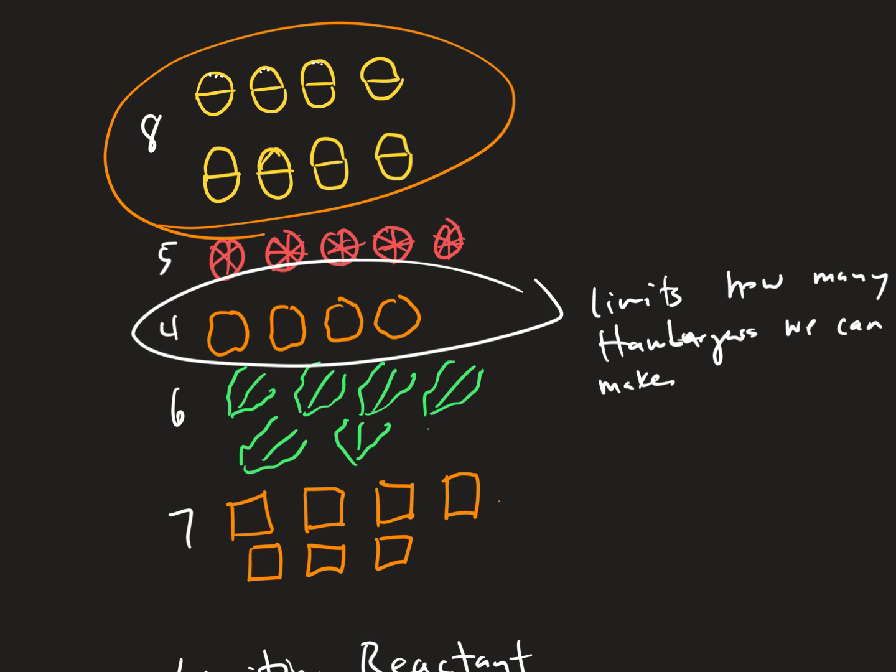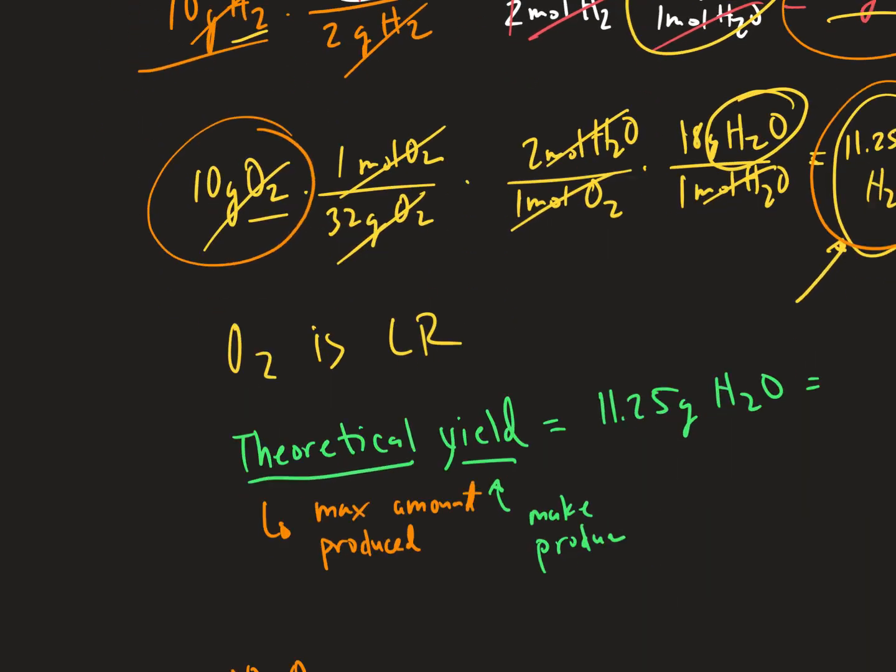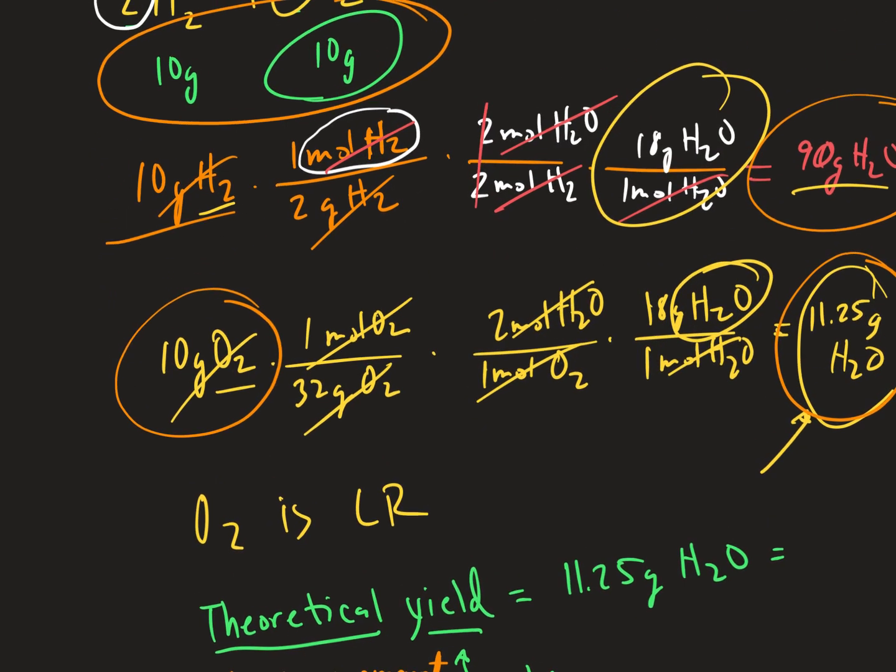We start with 8 and we subtract how many we need, right? We need 4 of them. We know that just because we know how to make hamburgers. But is it that easy to do it here? Not quite. We have to figure out how much hydrogen gas we need to completely react with 10 grams of oxygen. You with me?